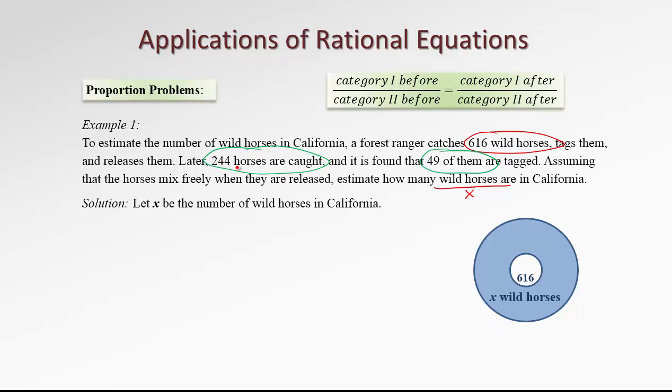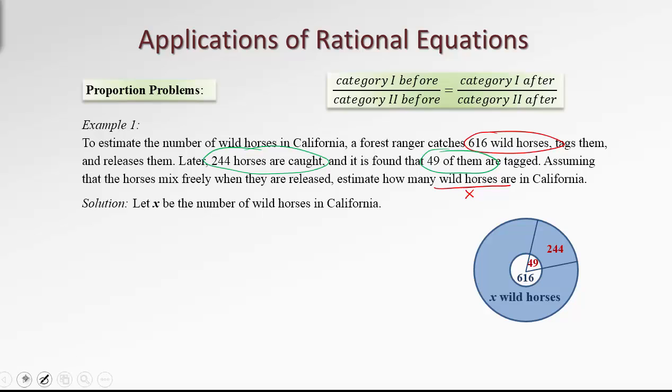Now, the horses that were caught the second time, 244, will be our sample. Let's represent these 244 horses by a sector of our circle. 244 is, let's say, this sector of the whole circle that represents all horses in California. It happens that among those 244, 49, the white portion of the sample sector, were tagged.